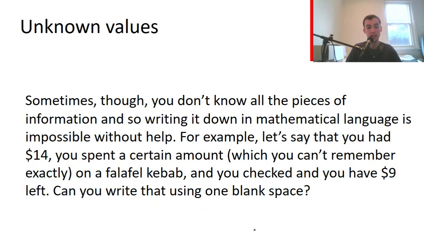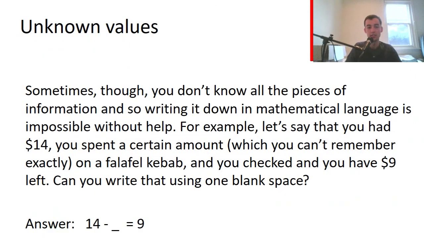And you've checked and you have $9 left. So if you can write that using a blank space, we're getting a little bit closer to algebra. So just pause the video, see if you can do that. Okay, did you get this? 14 minus blank equals 9.